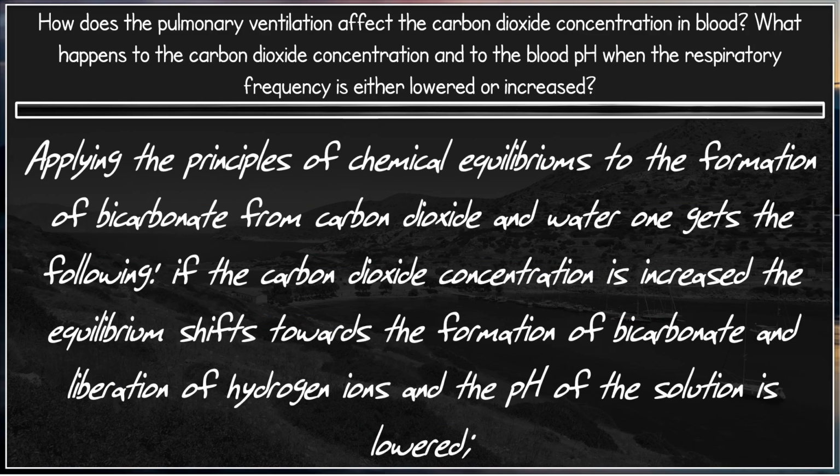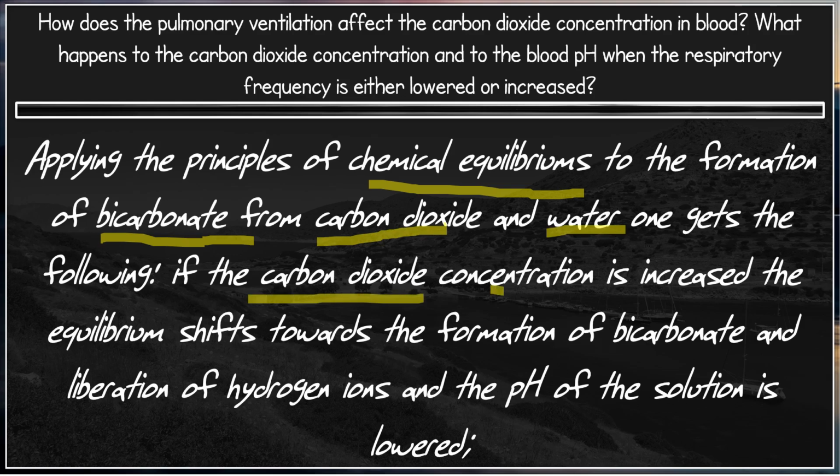Applying the principle of chemical equilibrium to the formation of bicarbonate from carbon dioxide and water, one gets the following. If carbon dioxide concentration is increased, the equilibrium shifts towards the formation of bicarbonate and liberation of hydrogen ions, and the pH of the solution is lowered.